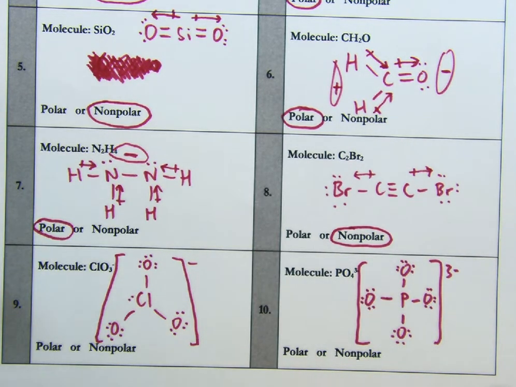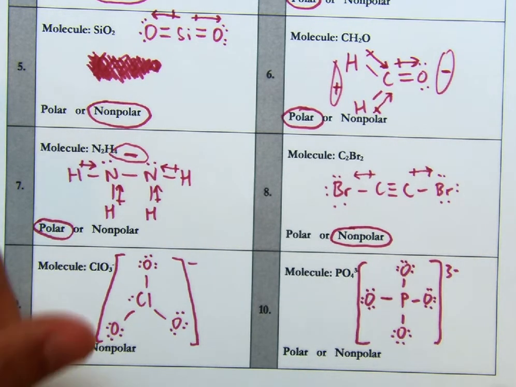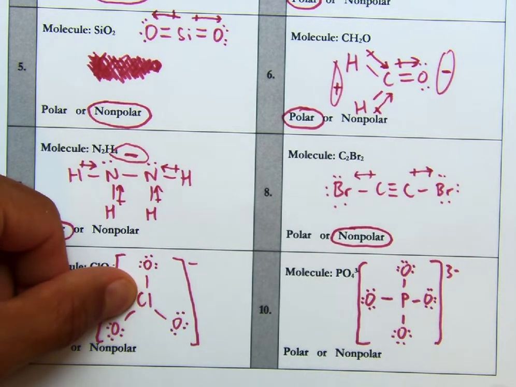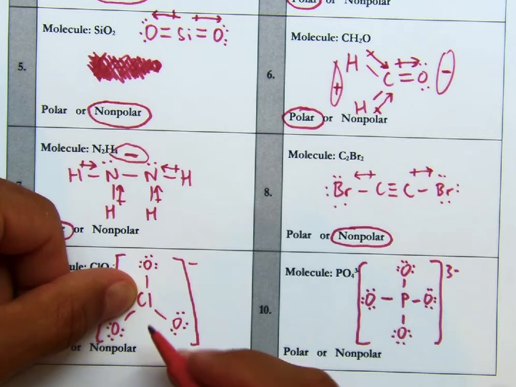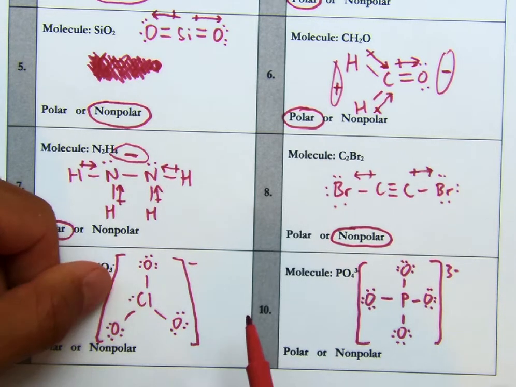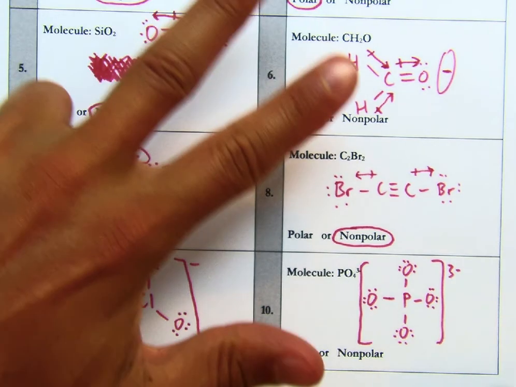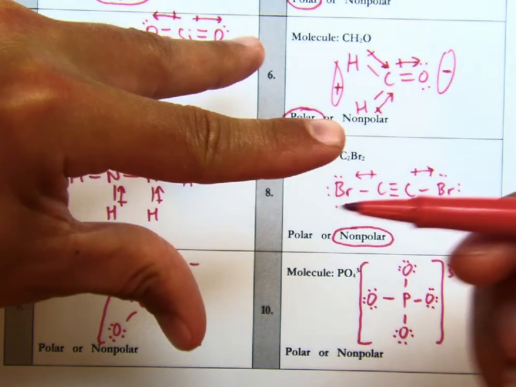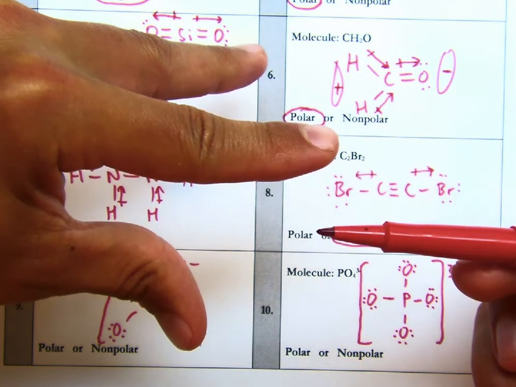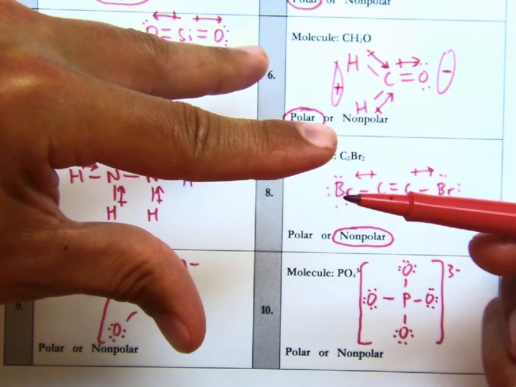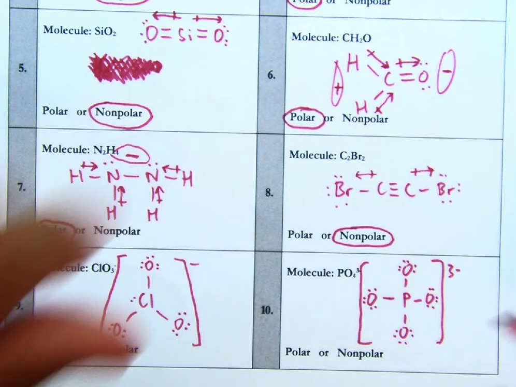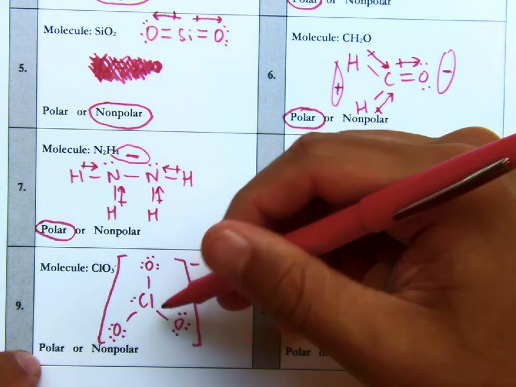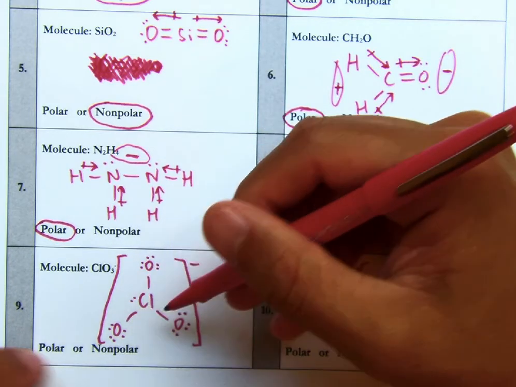Now, for number 9, if this didn't have this lone pair right here, then it would be trigonal planar, and all three would be the same, and it would be nonpolar. But the fact that it has that lone pair means instead of being trigonal planar flat, it's up. It's standing up like this, like a pyramid. And so for each of these, there is an arrow moving, and in this case, it's going out towards the oxygens on each side.